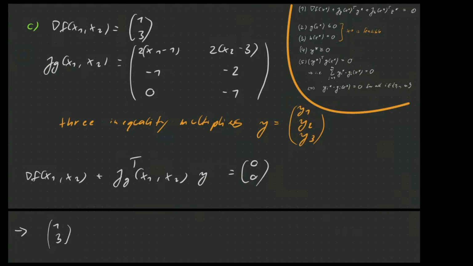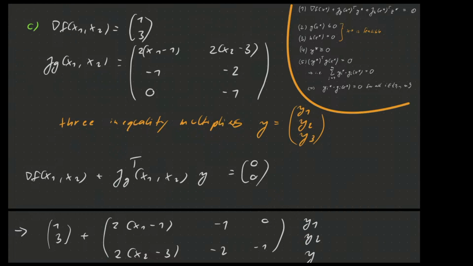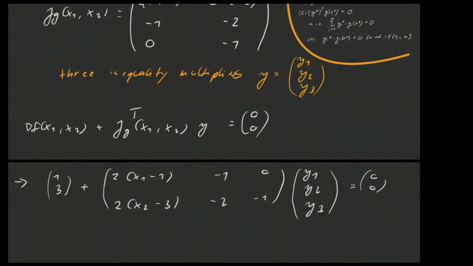Then if we transpose that Jacobian here, we get 2x1 minus 1 and 2x2 minus 3, minus 1, minus 2, and 0, minus 1, times y1, y2, y3 is 0, 0.